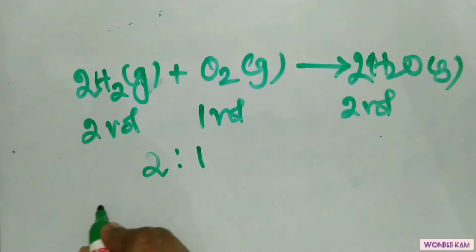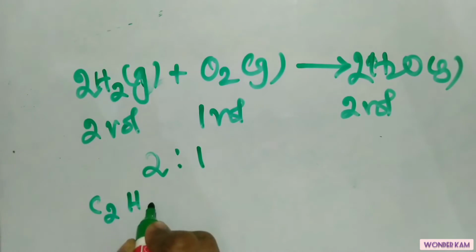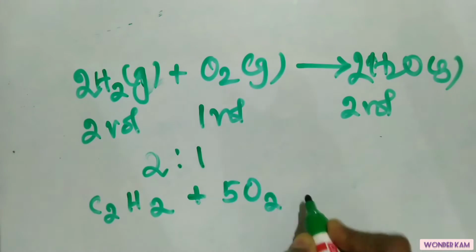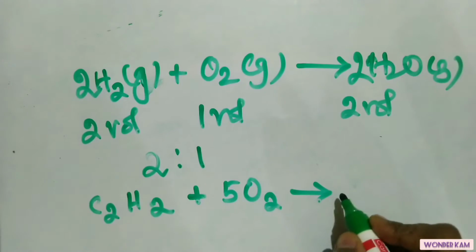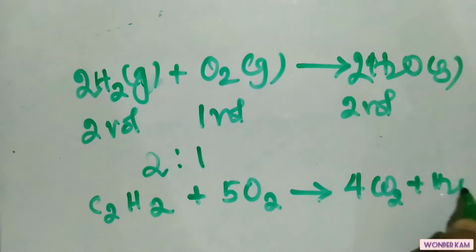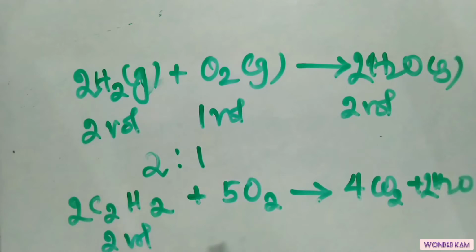One more equation: let's take the example of acetylene. When it reacts with oxygen, or is burnt in oxygen, it will give carbon dioxide and water. If we balance it, we get this. As per Gay-Lussac's law, this is 2 volumes, this is 5 volumes, and it will give 4 volumes of carbon dioxide.